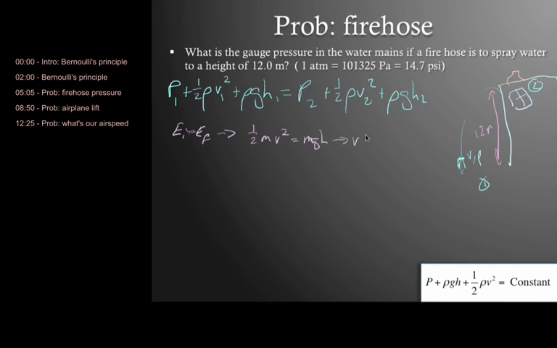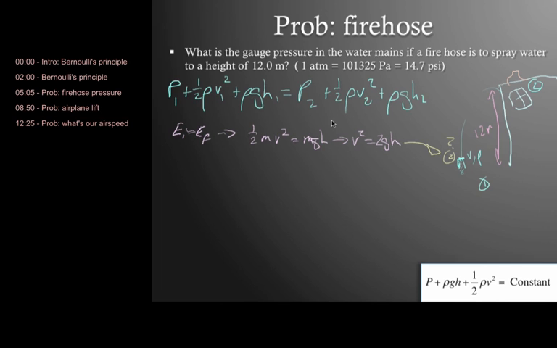And then this gives you, your v squared is going to be equal to 2gh. And then you could put this back into here and call this your 2, basically, is what we're saying. And then you could go and solve the problem for what is this pressure difference that you need.